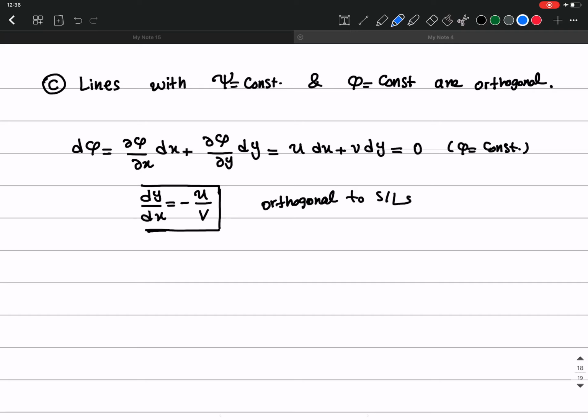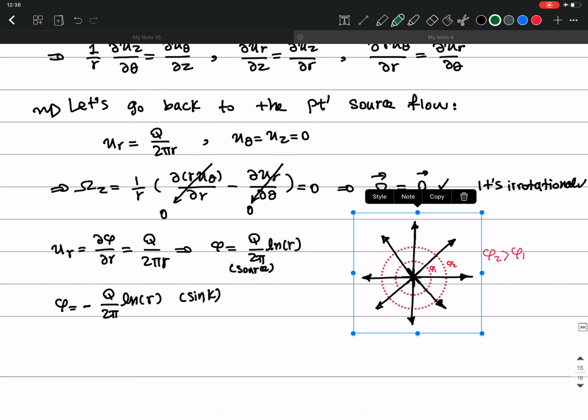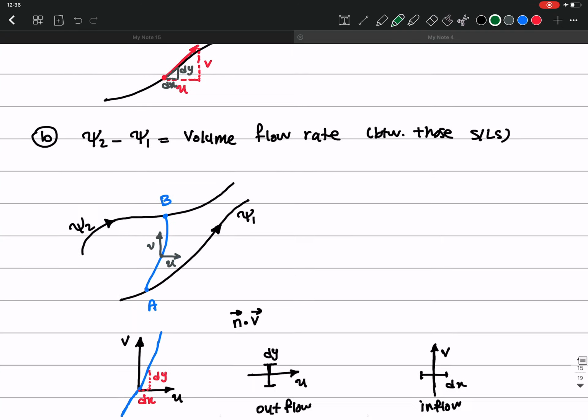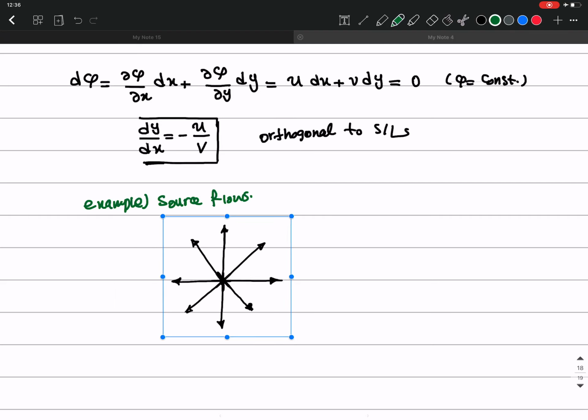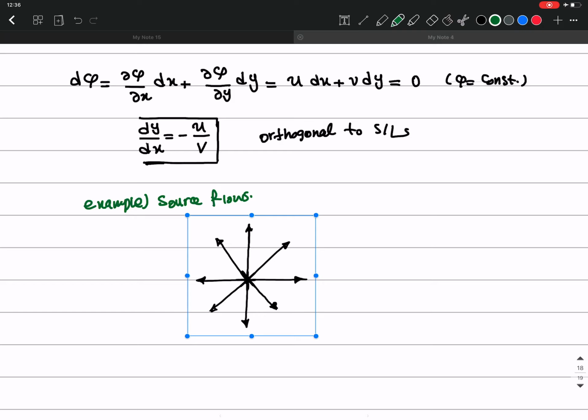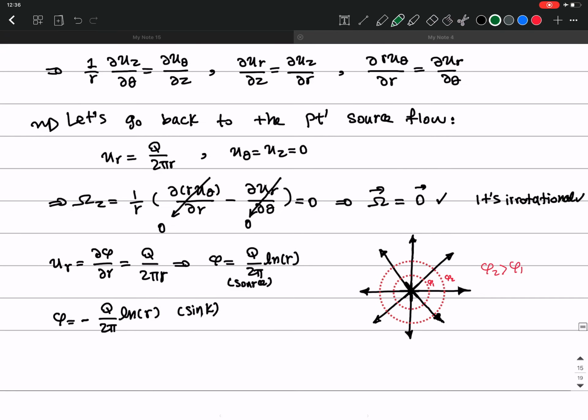So let's have a quick, short example for source flows. This is how it looks. We already had it, I think. So let me show it here. For a source flow, we had these velocity potentials, phi 1 and phi 2.